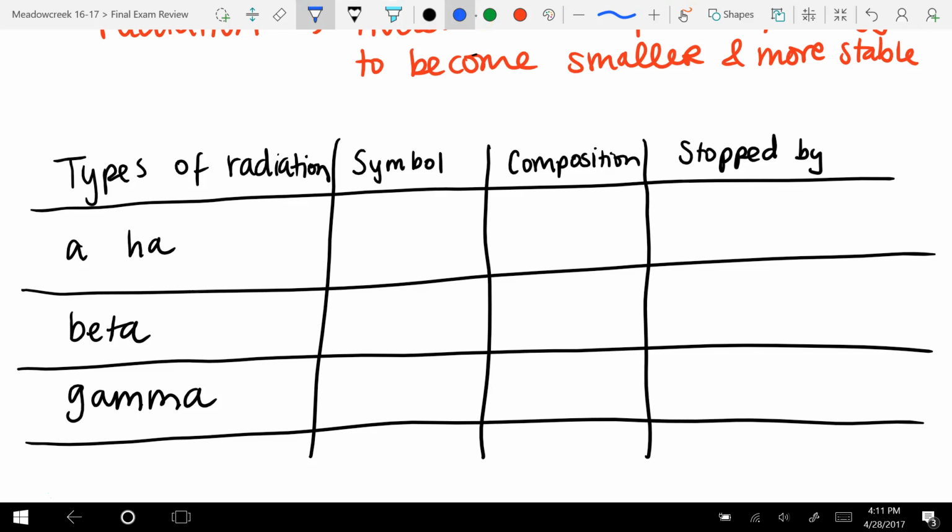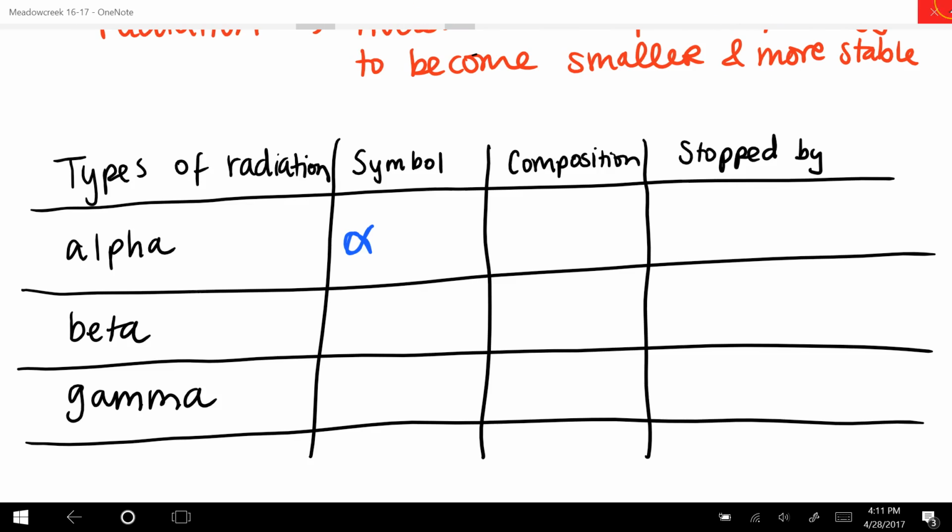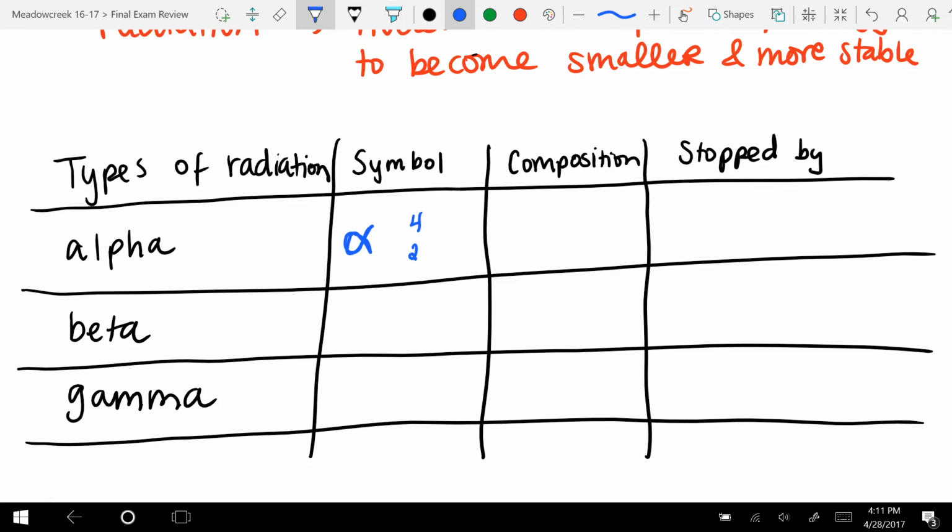So alpha particles, the symbol is kind of like this little fish, or it's the same as a helium atom. Now remember, with this type of notation, the 4,2He, you have your symbol, your mass number is the top, and your atomic number is the number on the bottom.